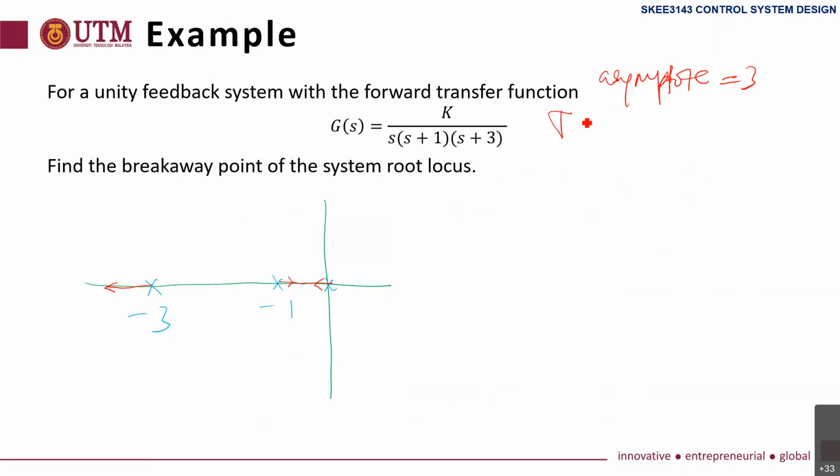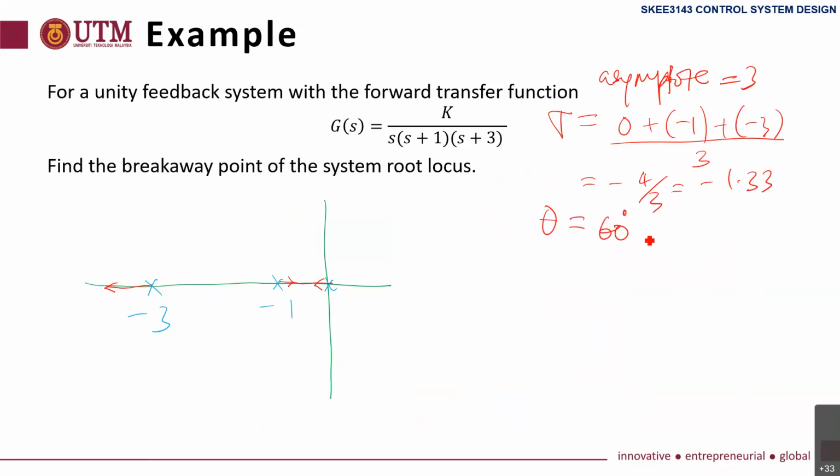The intercept is 0 plus minus 1 plus minus 3 divided by 3, so minus 4 over 3, minus 1.33. And the angles, if you calculate, will be 60, 180 degrees and 300 degrees.